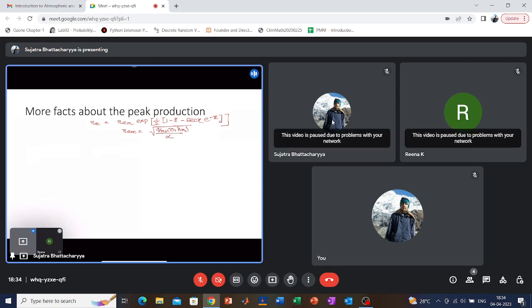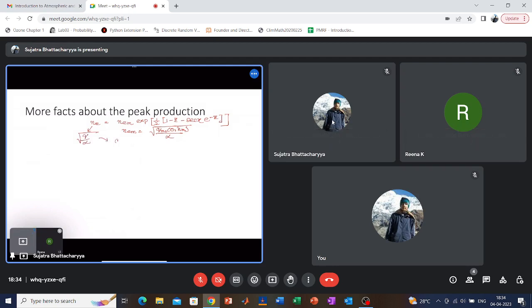And therefore this Ne, which is from Q by alpha, is what we call the Chapman alpha layer. In the Chapman alpha layer, this is the number of electrons per unit volume produced.